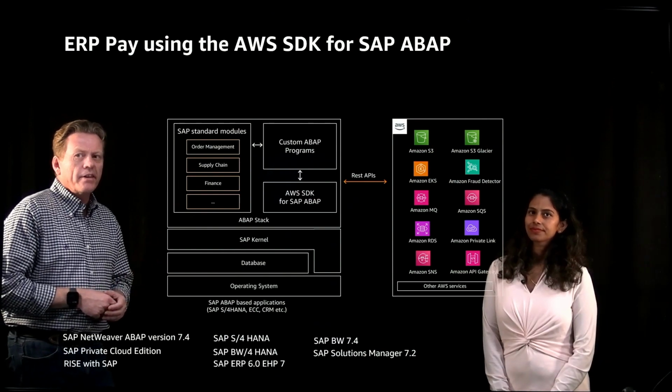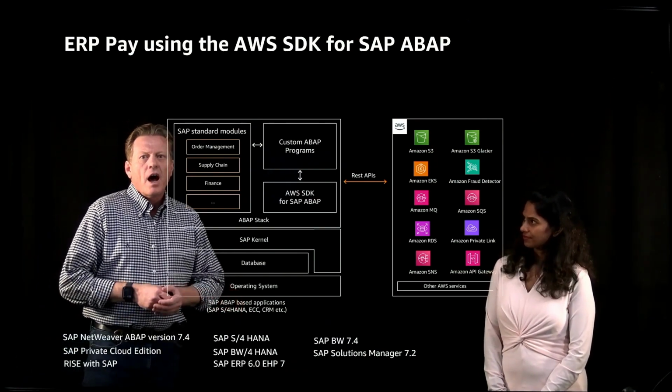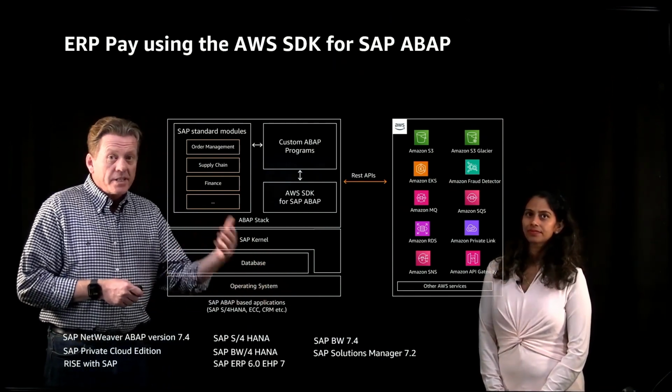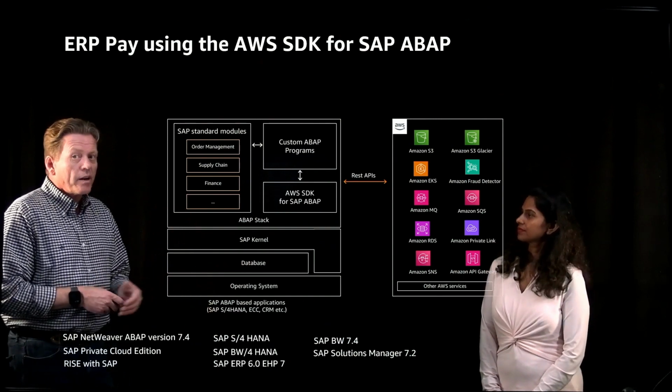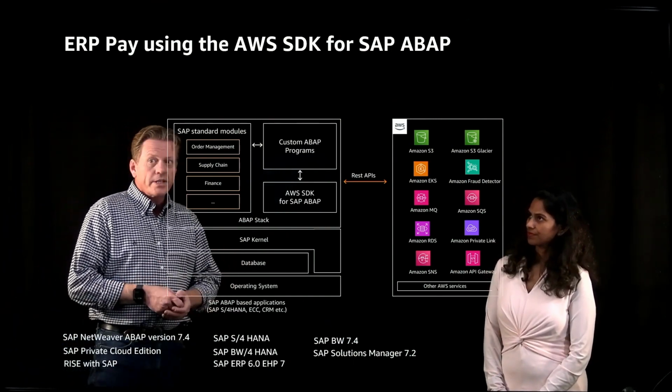ERP Pay brings together the payment service provider and the banking processes of self-service digital payment acceptance, both for debit and credit card, card wallets, and ACH payments that are inbound to the organization.